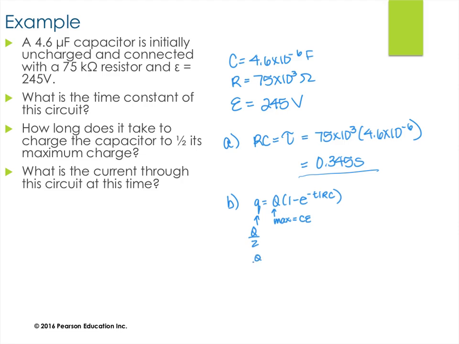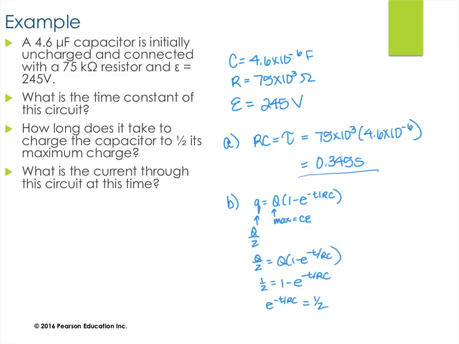We can let this be Q over 2, and then Q times (1 minus e to the minus t over RC). I divide by Q, and I get 1/2 equals 1 minus e to the minus t over RC. I'm going to switch sides and get e to the minus t over RC equals 1/2.